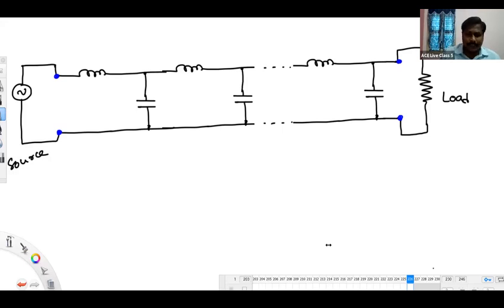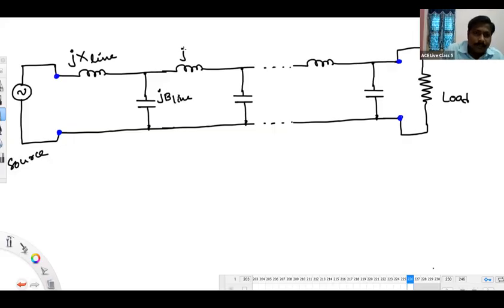All of you listen. Don't write anything. Just listen. See, take this per kilometer section. The series reactance or series impedance per kilometer will be jX line. Shunt admittance will be jB line.